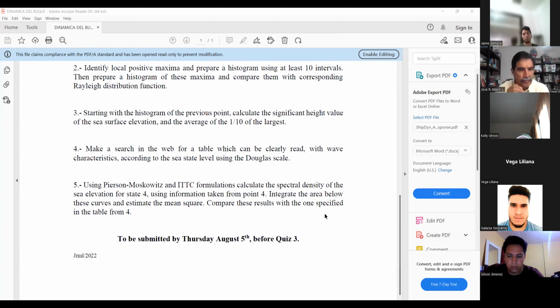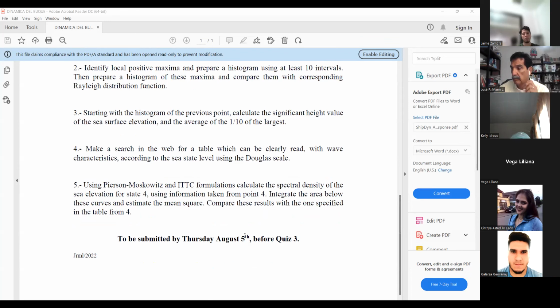Okay, so we can go on and let's see, Miss Astudillo, would you please read exercise number 5? Yes, doctor. Using Pearson-Moskowitz and ITTC formulation, calculate the spectral density of the sea elevation for state 4 using information taken from point 4.